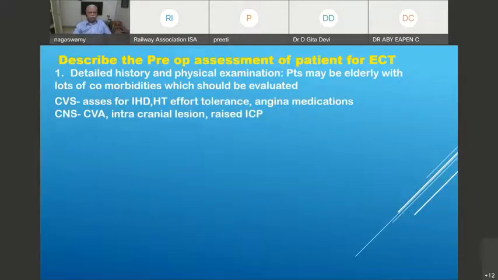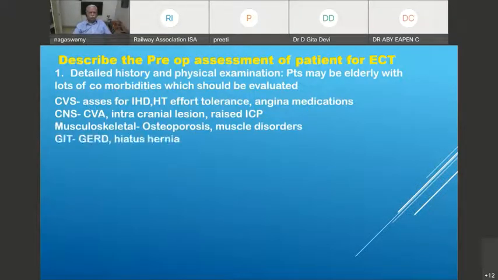CNS: you should evaluate whether there is any previous CVA, cerebrovascular accident, or any intracranial lesion or raised ICP. Musculoskeletal: look for osteoporosis or muscle disorders. GIT: whether they have any gastroesophageal reflux or hiatus hernia. And eye: glaucoma. All these things are very important contraindications.